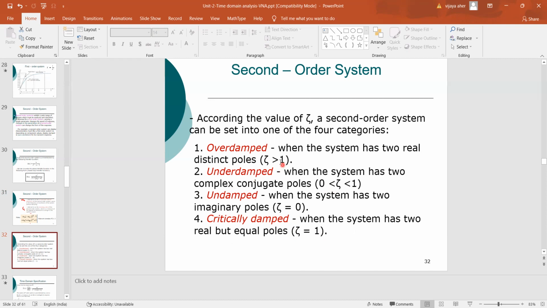When zeta is greater than 1, the system is overdamped. Understood? Now for all these categories, you are going to derive the equation for peak time, settling time, then resonant peak and omega d, resonant frequency. Okay, you are going to derive the equation. We'll see one by one.